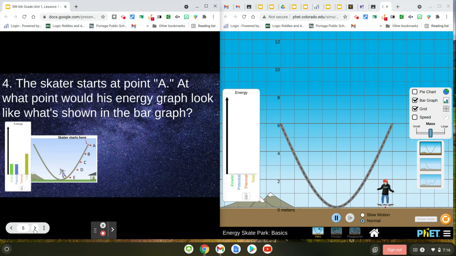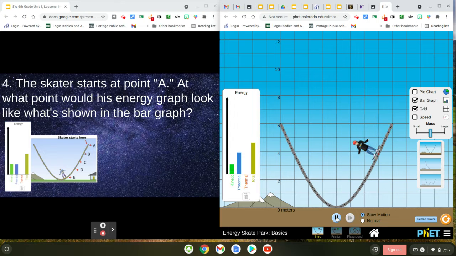Okay, skater starts at point A. At what point would his energy graph look like what's shown in the bar graph? Okay, so let's start this skater up at point A. We notice that the skater has all potential energy. Before I start, I want to put slow motion on. All right, and we want to see the potential and kinetic energy be just about even.